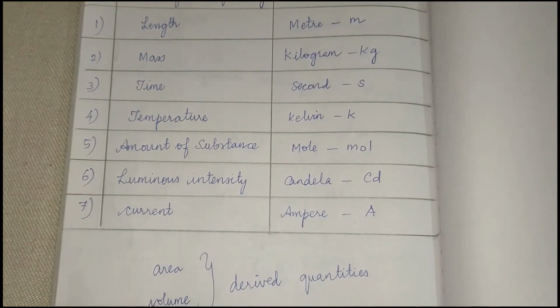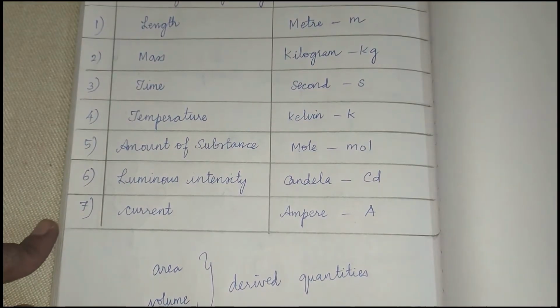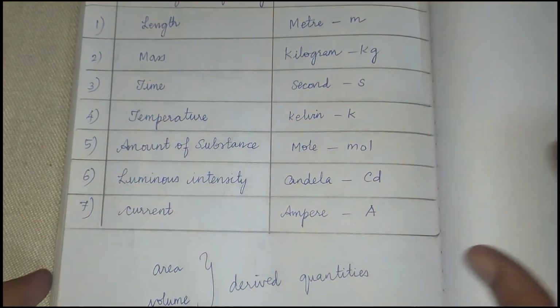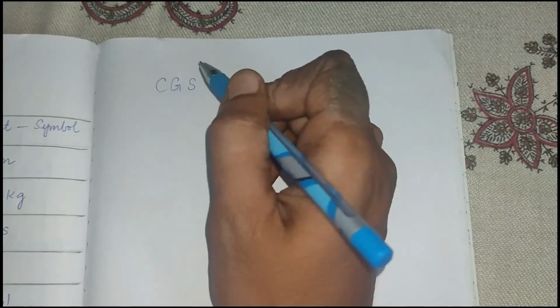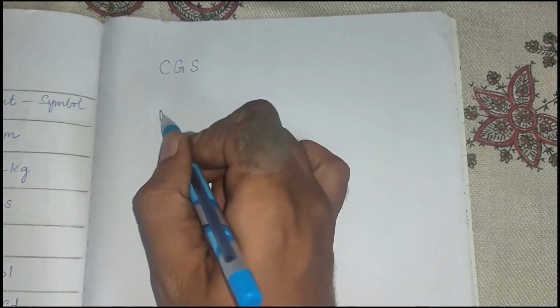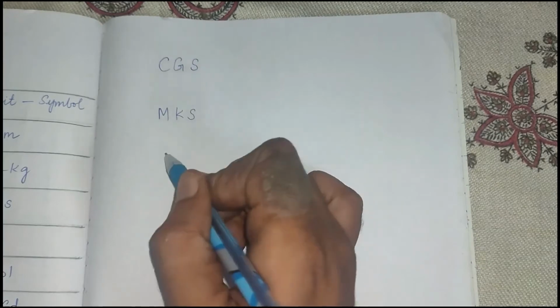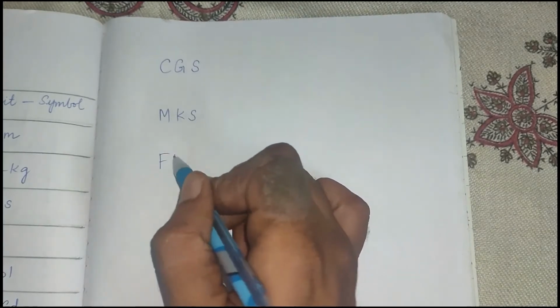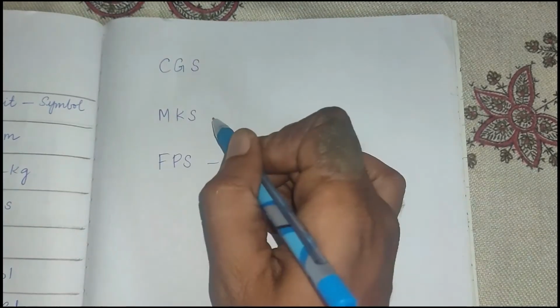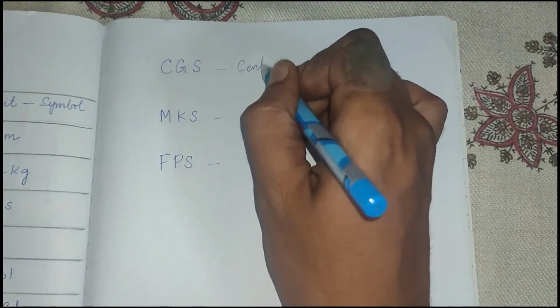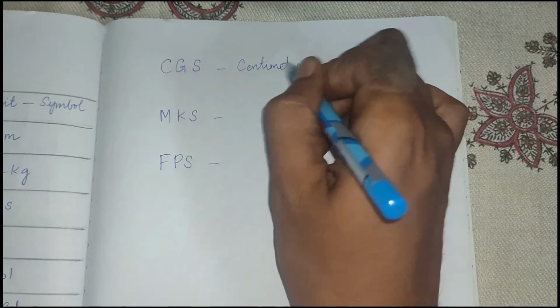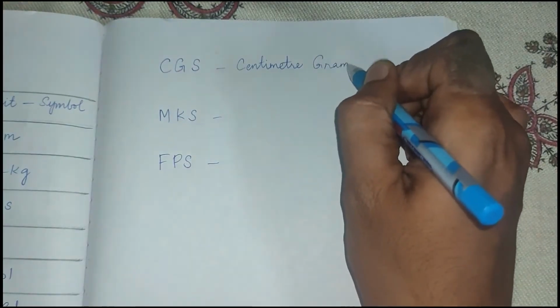And in the ancient period, they used a lot of systems for units. They used CGS system, and they used MKS system, they used FPS system, and we have some expansions for this. CGS: centimeter, gram, seconds.